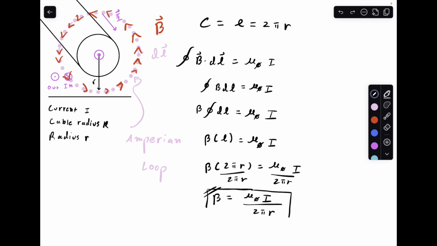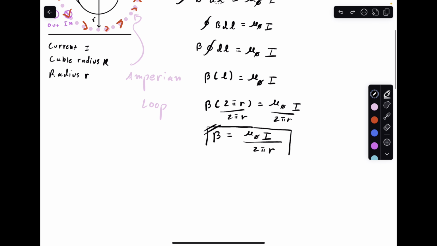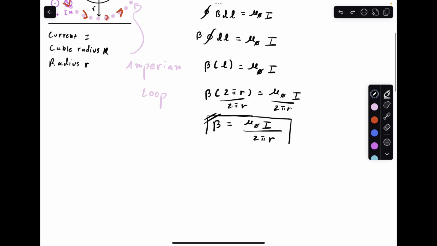And then we again bypassed the calculus 3 by saying the line integral of dl simplifies to L. And then the last step was to do some basic algebra, some basic literal equations, and recognition that the path length is equal to the circumference, subbing in the circumference, and then deriving a final equation.